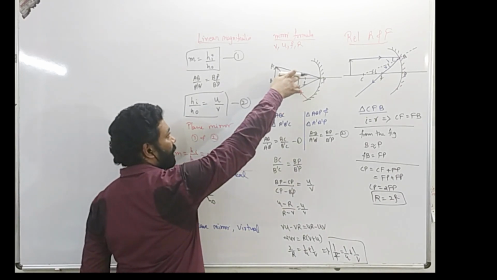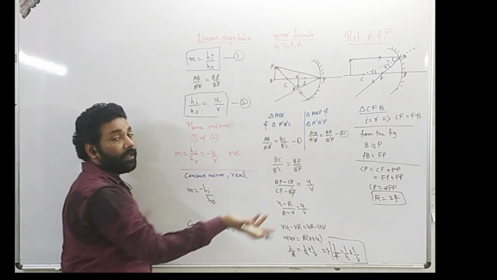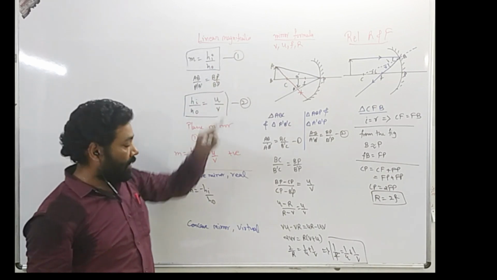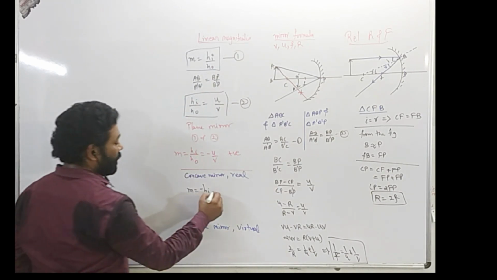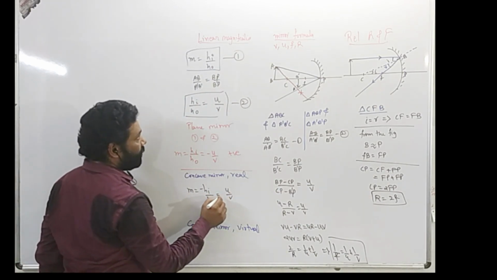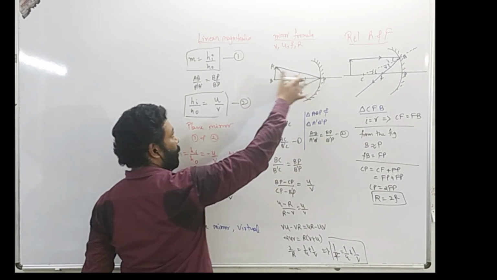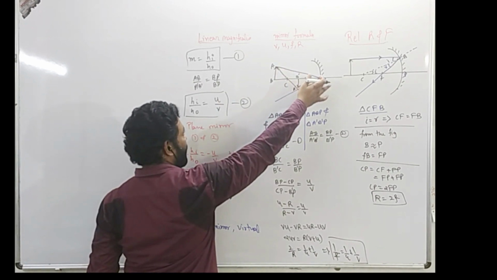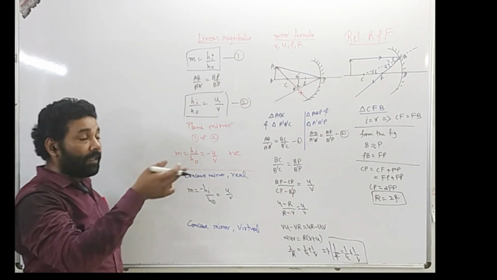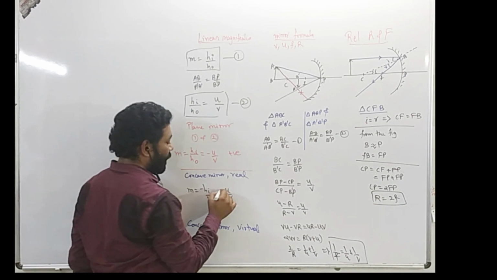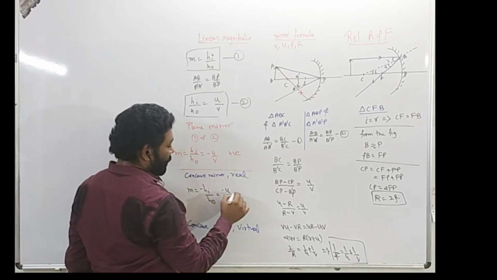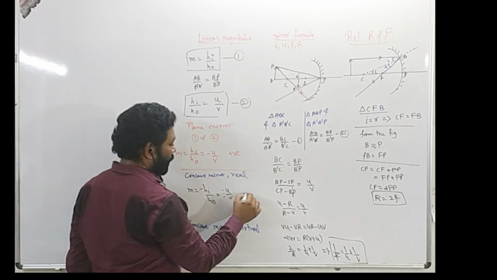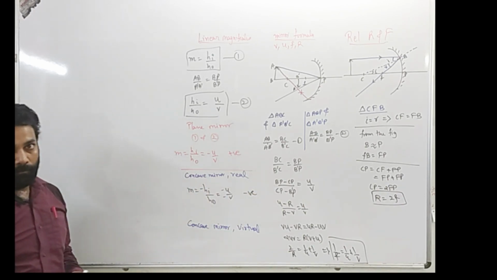In the case of a real image, the image is on the downward side, so as per sign convention, negative. The object is on the upward side, so as per the sign convention, its value will be positive. Talking about the signs of u and v, u will be measured in the opposite direction of the incident ray, so u will be negative, and v is also measured in the opposite direction of the incident ray. So both of them will be negative. So ultimately, from the sign of hi by h naught, the magnification will be negative.